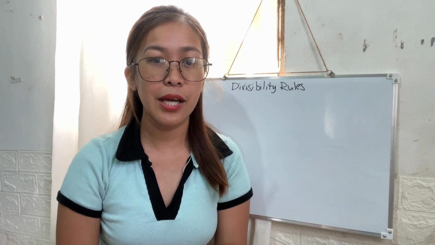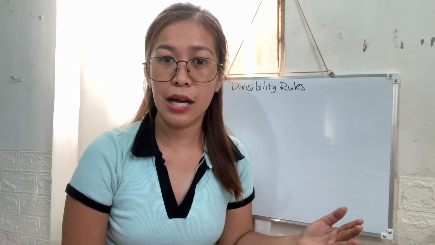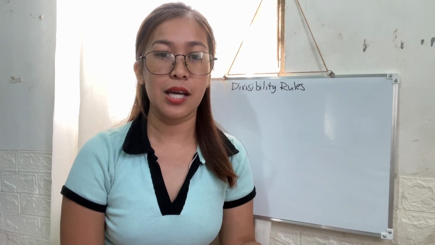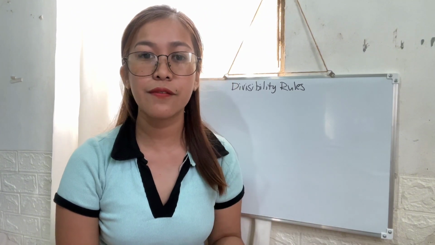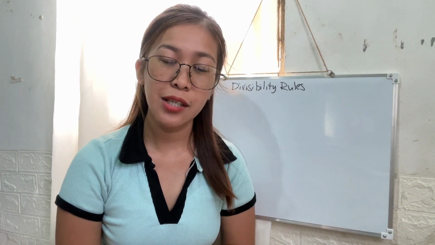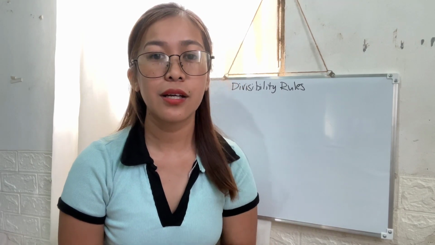Okay, ibig sabihin, dinidivide yung isang number ng eksakto lang. Walang matitira, walang remainder, just exactly as it is. So yun yung divisible or divisibility. From the word itself, divide, division, divisible, divisibility. So, they were all related.